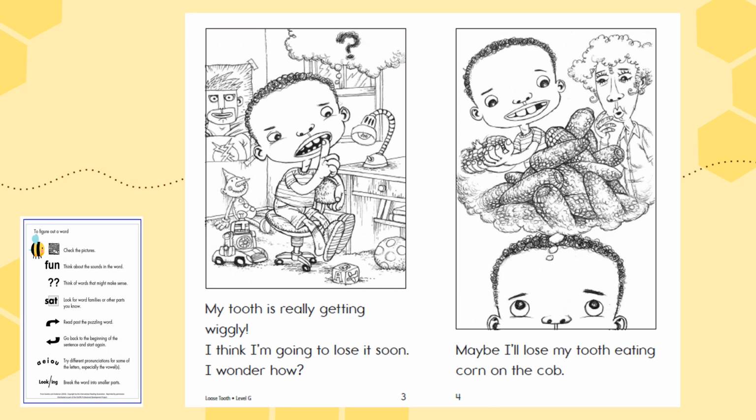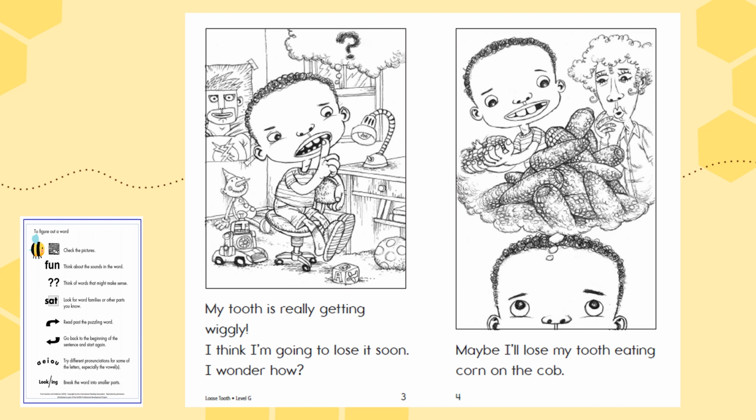My tooth is really getting wiggly. I think I'm going to lose it soon. I wonder how. Oh, I see two little words there. May, that's what month we're in. May be, maybe.